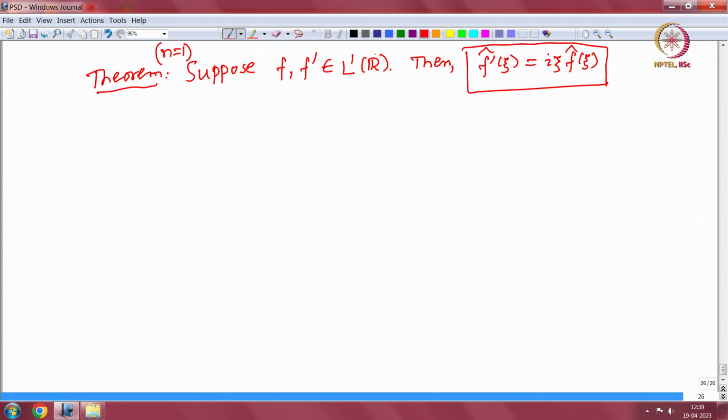So, in this course we are talking about several notions of derivative. For the time being, this f prime means the almost everywhere definition.